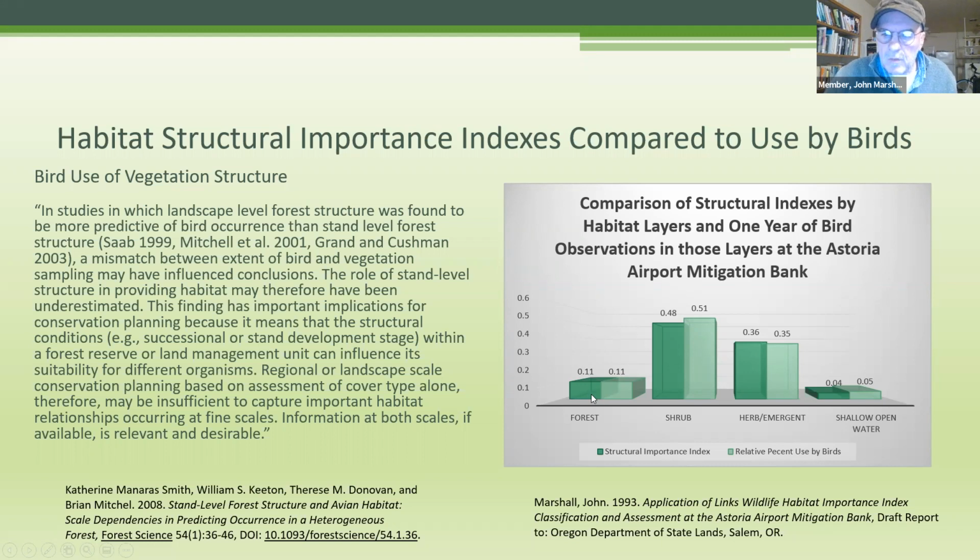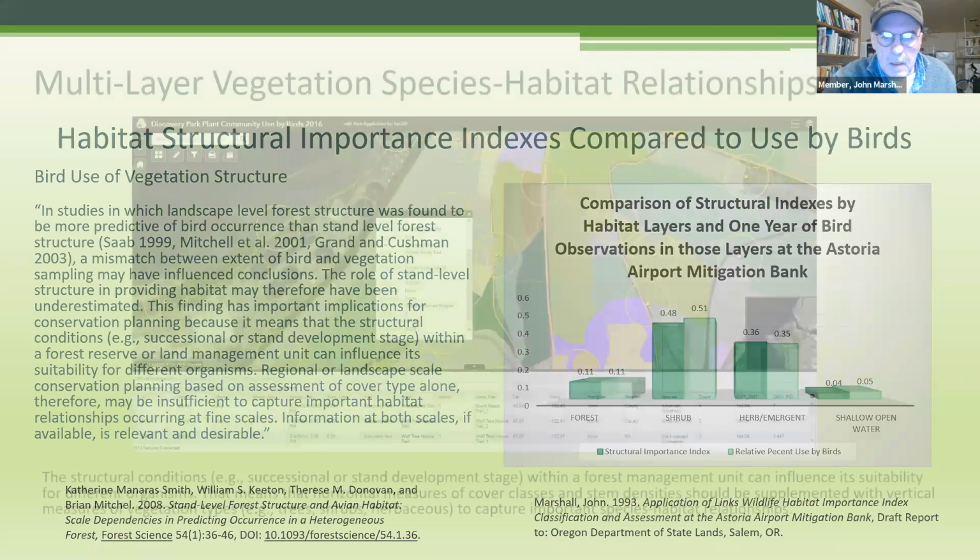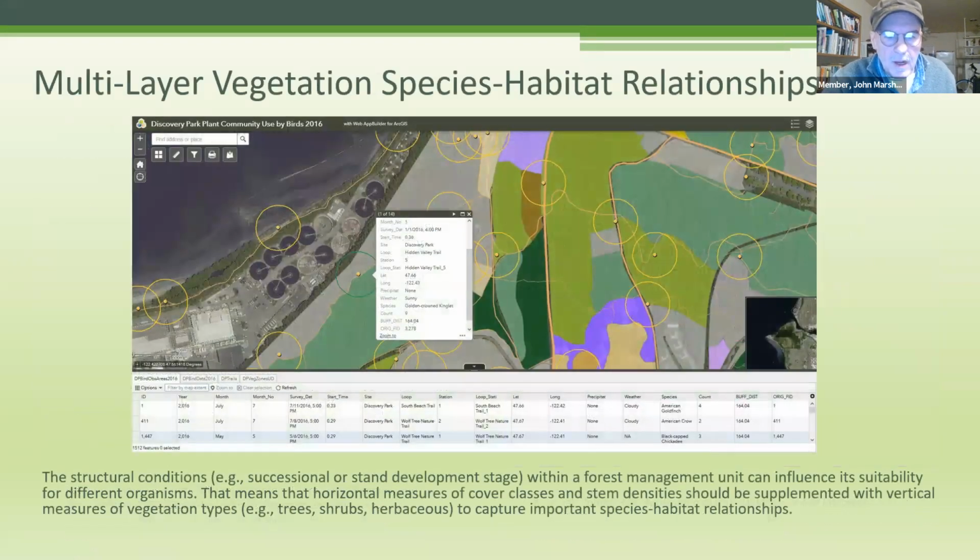The metrics that we use to establish the relative importance of those habitat types to one another in those structural statistics, and the relative use by birds comes out pretty close. That could be a very useful tool for decision makers when planning restoration and mitigation. And again, showing another report of how this has been done in an area in the Puget Sound and Discovery Park in the city of Seattle.